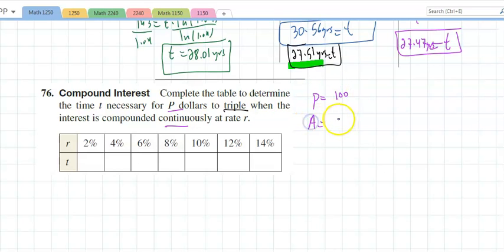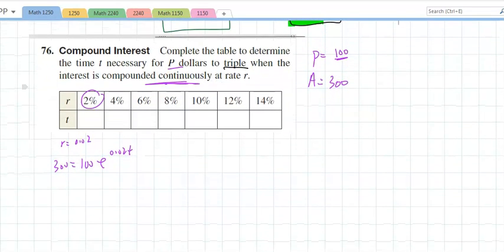Then A, triple, is $300. Anytime they don't give you an initial value, you could choose 100. Just for practice, in the first part, if r equals 0.02, 300 equals 100 e to the 0.02t, because this is compounded continuously. And for practice, isolate the exponential function by itself.